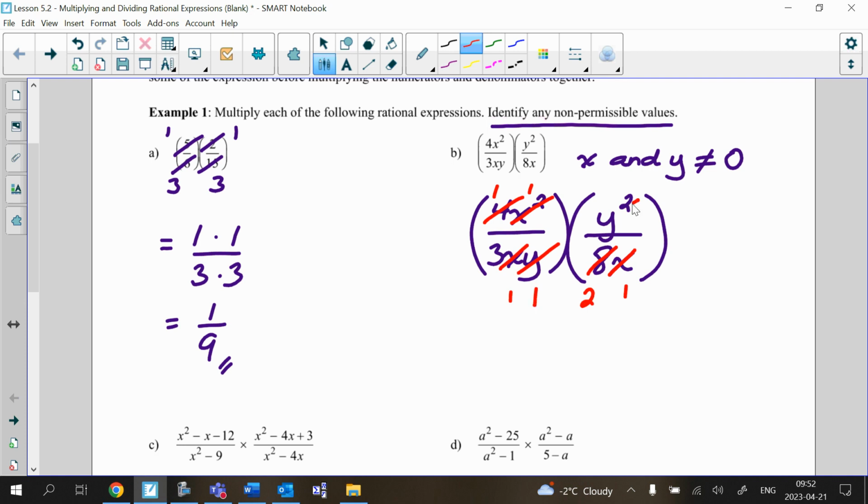If I use one of the y's in y squared to cancel with the y here, I'm left with one y here. That's everything. So what do we end up with? 1 times y, which is y. And the bottom, 3 times 1 times 1 times 2 times 1, which works out to 6.